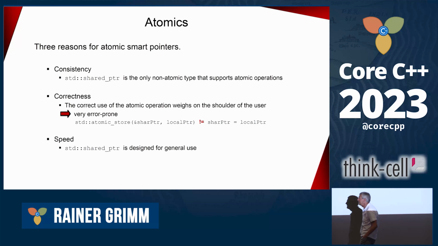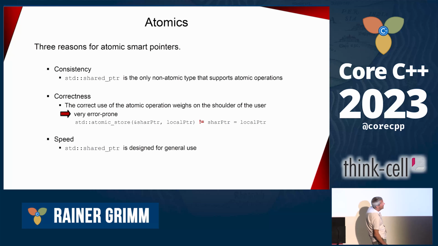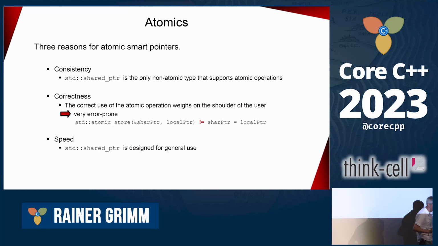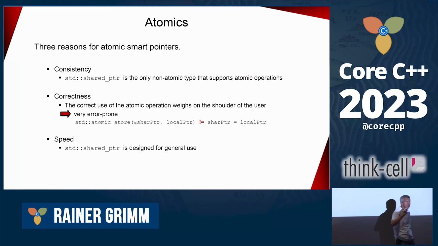There are essentially three reasons for this atomic shared pointer. Let me put it here. First of all, consistency. You may not know it, but shared pointer was the only non-atomic variable in C++11 on which you could apply atomic operations, load and store.